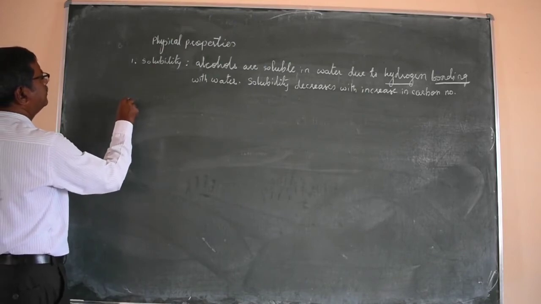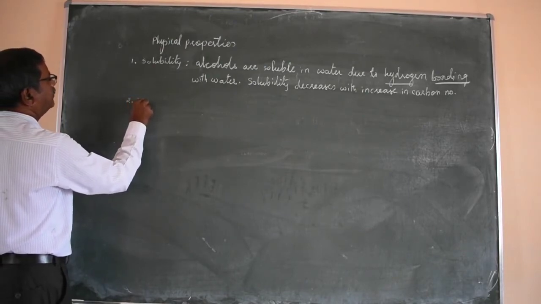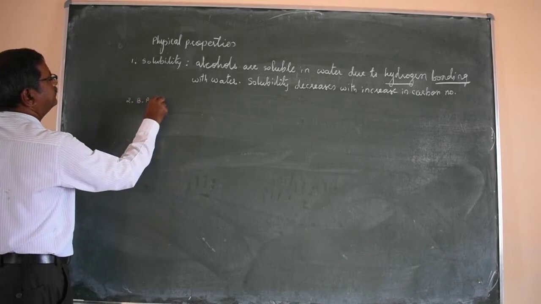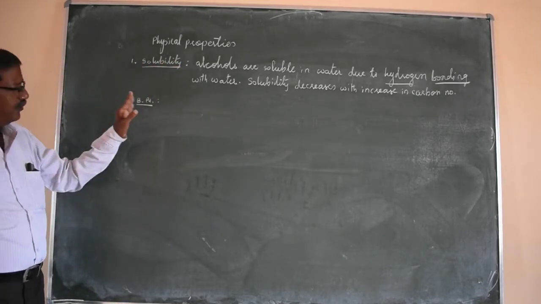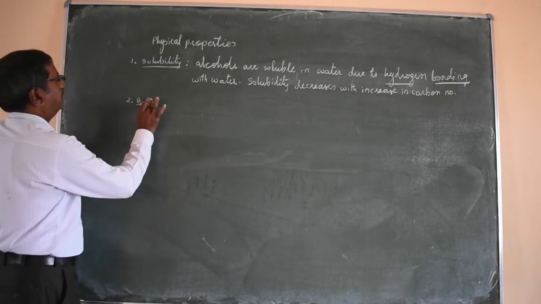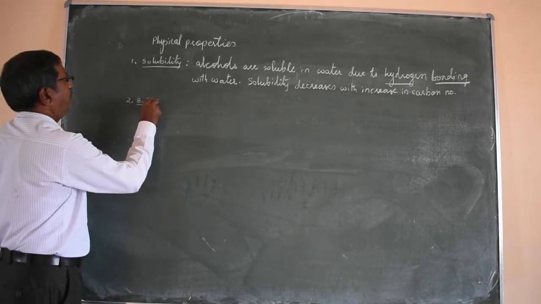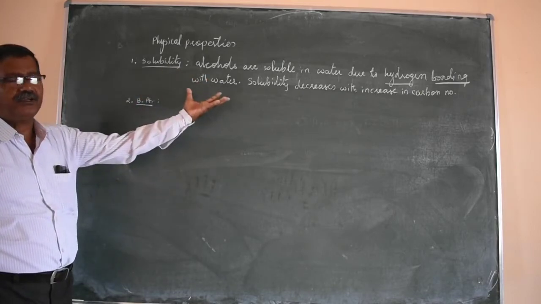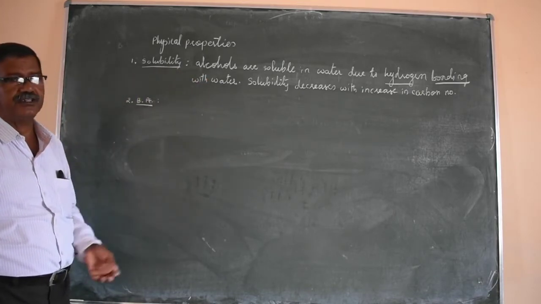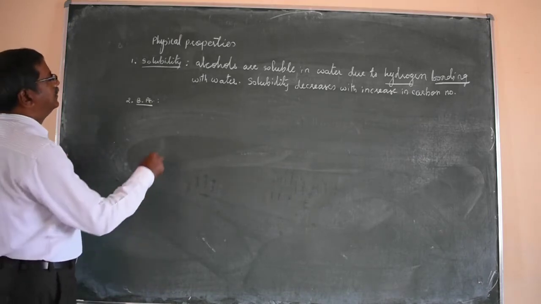Second one is boiling point. As we know, boiling point of alcohol increases with increase in molecular mass or with increase in the carbon atoms in the molecule.